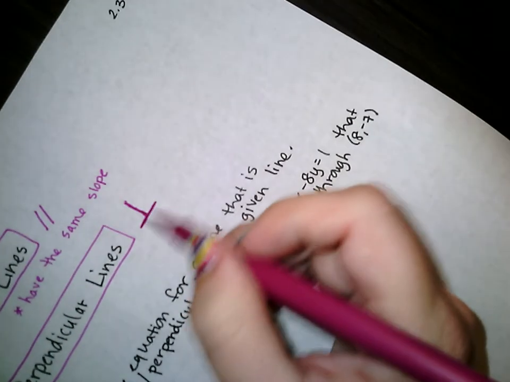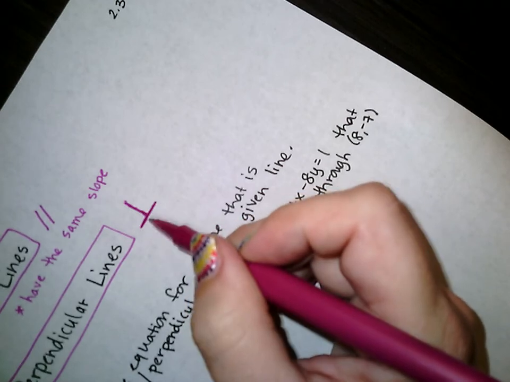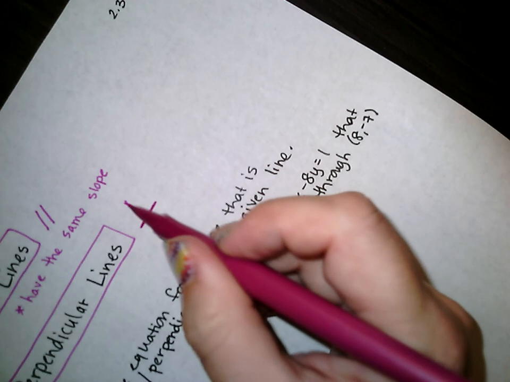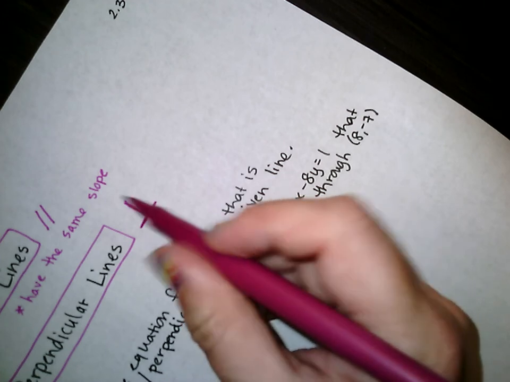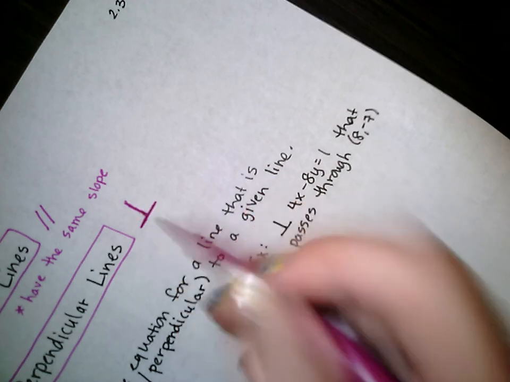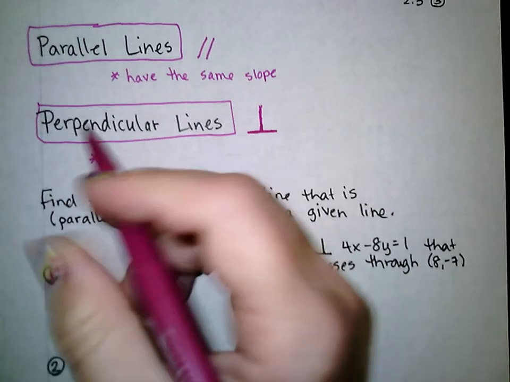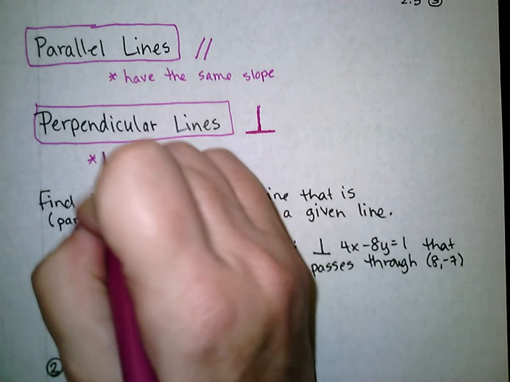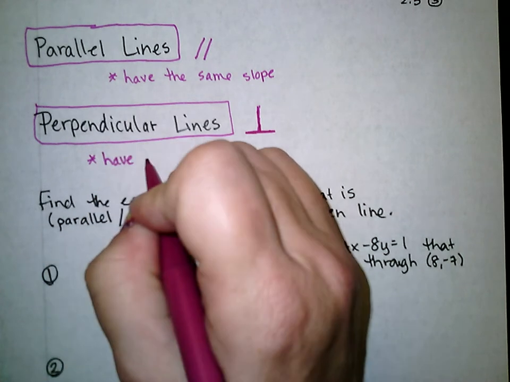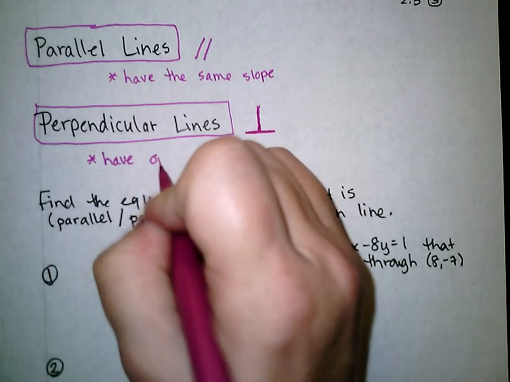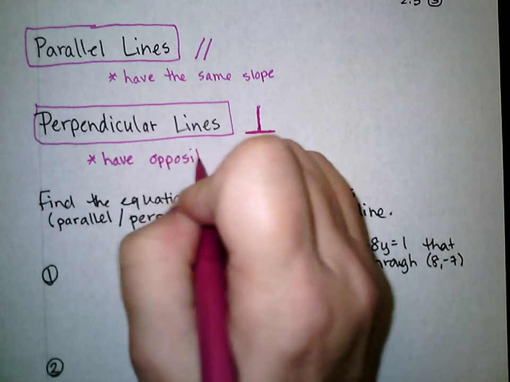So if I have a slope here of, say, 2 over 1, that would be a steep slope, steepish. This one would be less steep, and it has a slope of negative 1/2. So your perpendicular lines have two things that are different about their slopes. One is that they are opposite signs.